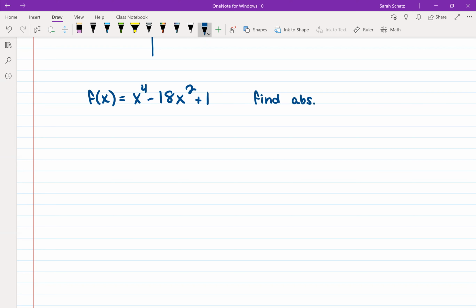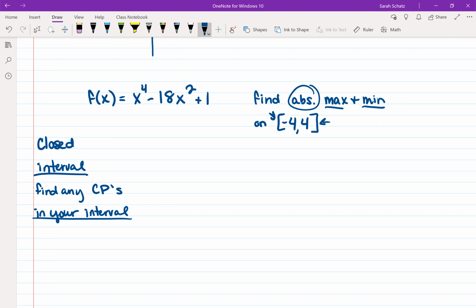When you are on a closed interval, you are going to find any critical points in your interval. Remember, if you find a critical point but it's not in the interval that you're dealing with, it means nothing. I'm not going to test it because it's not even in the interval. It can't be your answer.